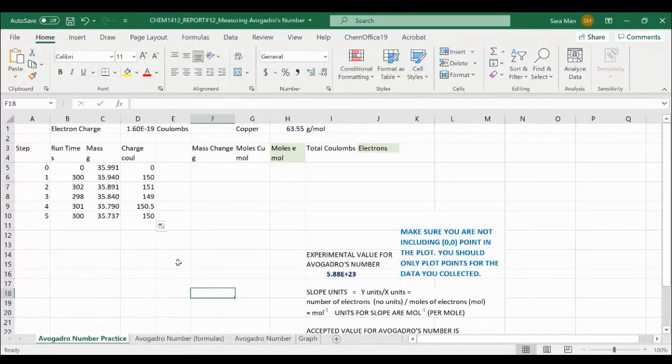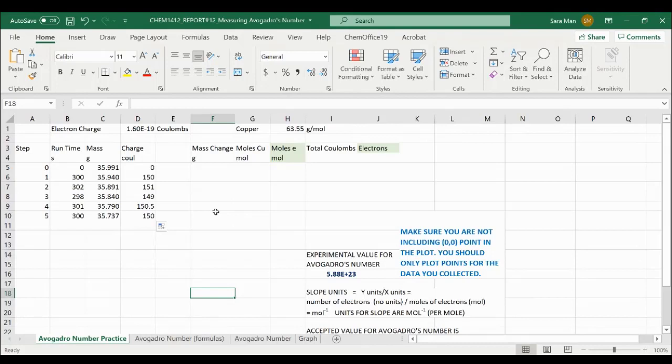Very good. Now we have to go to the calculations. Basically, we said that we need to calculate the moles of the electrons and the number of electrons. And we said that the moles of electrons are going to be calculated from the mass change. So here it comes.